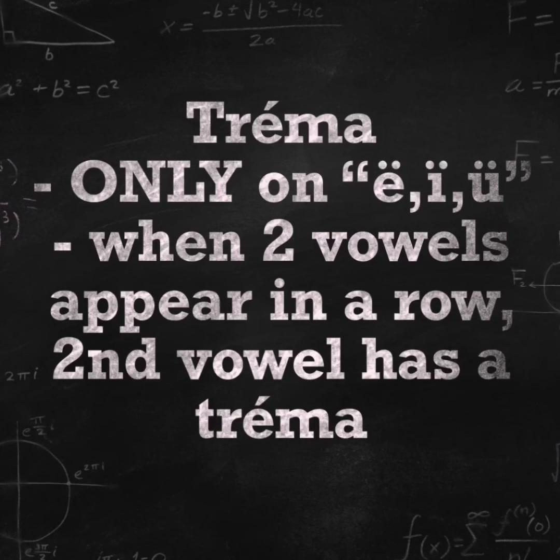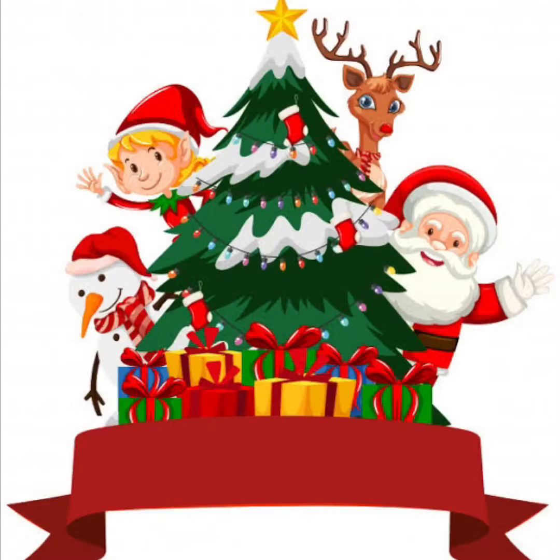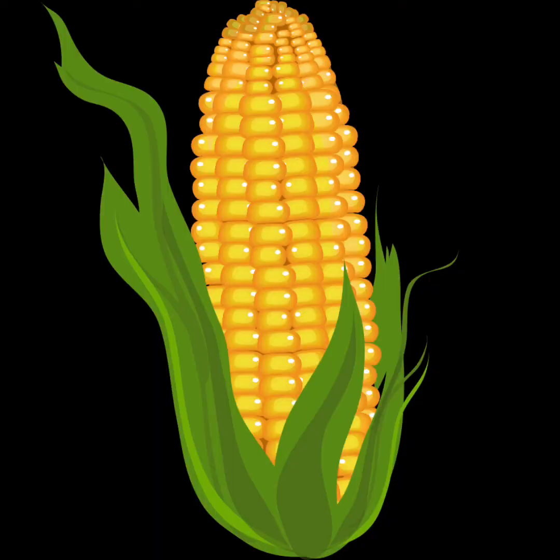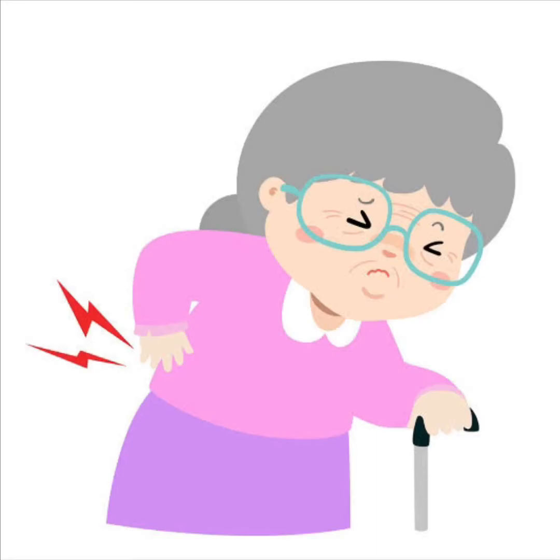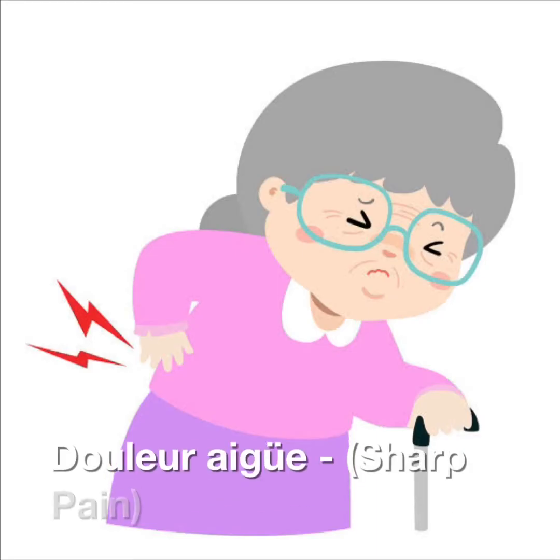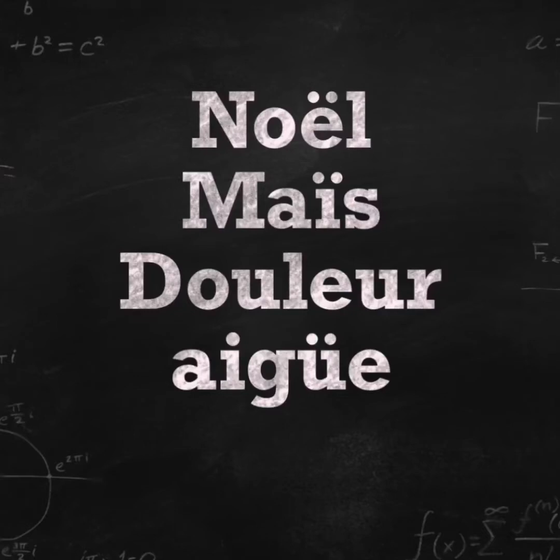So when two vowels appear in a row, the second vowel has a tréma. Come, let's see a few examples of tréma. Noël, maïs, douleur aiguë. So these examples of Noël, maïs, douleur aiguë are typical examples for tréma.